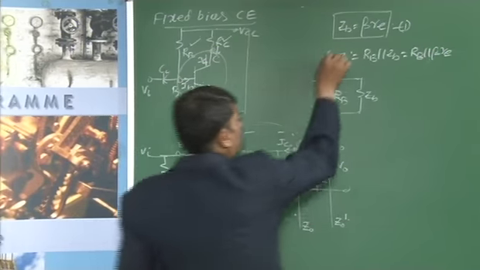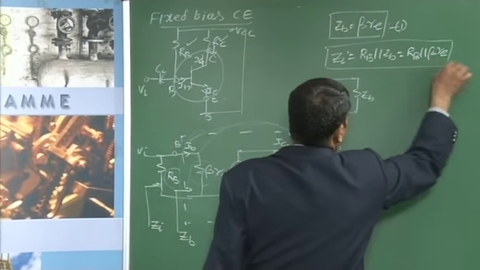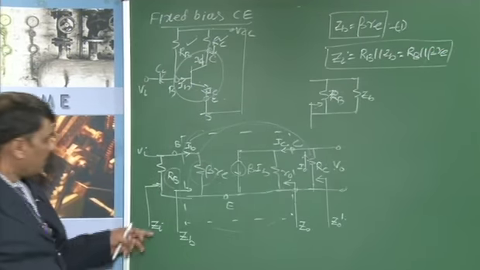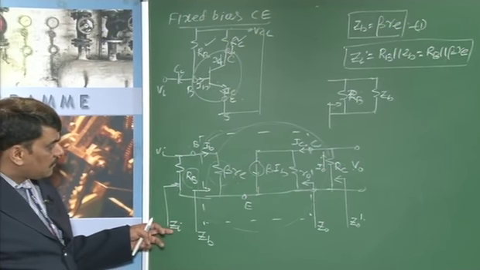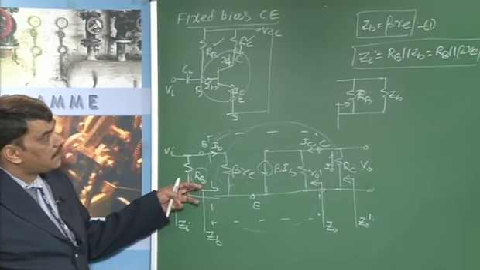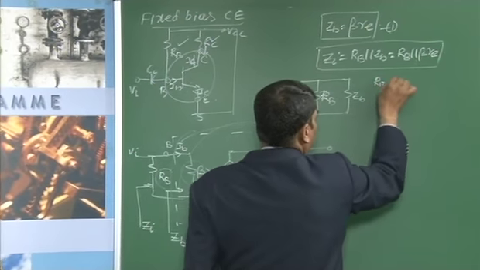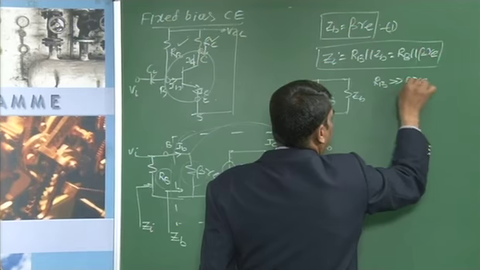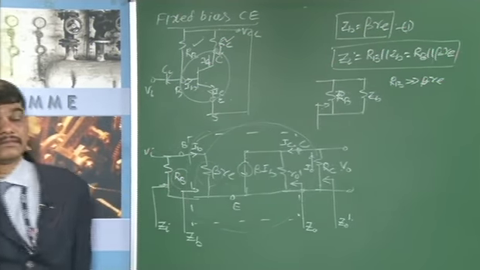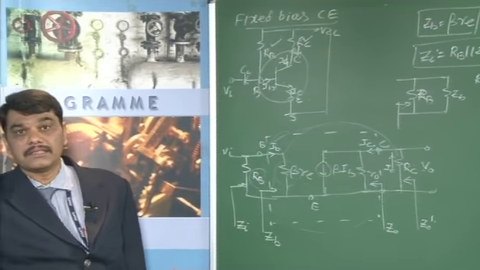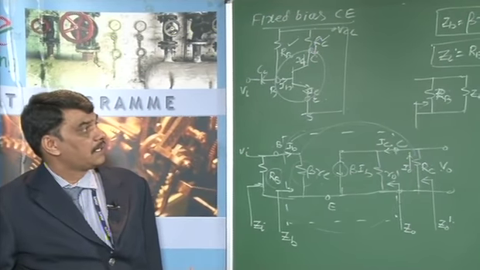This is the exact analysis of the input impedance when the biasing resistance is considered. If RB is much greater than beta times Re, what is the effect on the input impedance? Can you think about it?